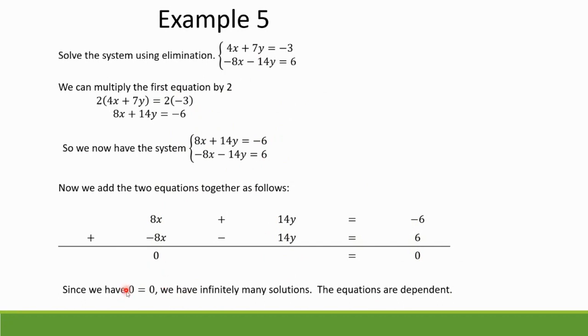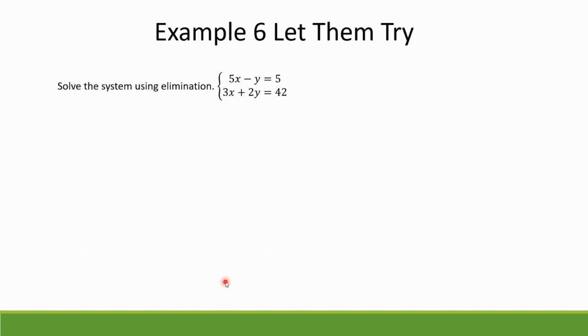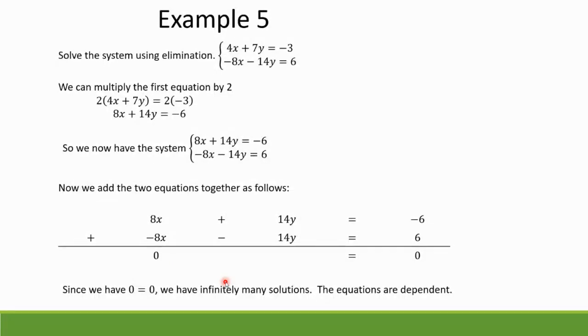We have an equation that's true no matter what the variables are. So that's great. We have infinitely many solutions. Hence, these equations are dependent. Are there any questions on this?